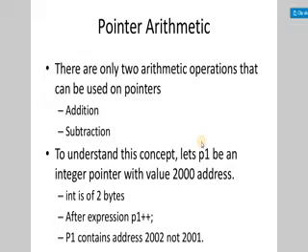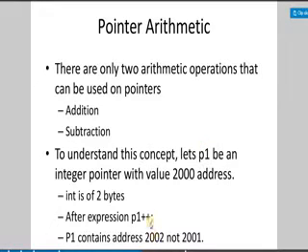Then the next object we will get at 2004. As a pointer variable is indicating the object, if I perform an increment operation on the pointer variable, it will shift from one object to another object. That's why, due to this increment operation, the value of P1 will become 2002, not 2001.